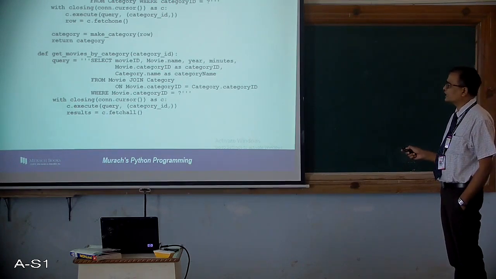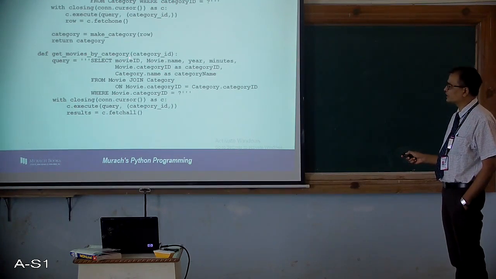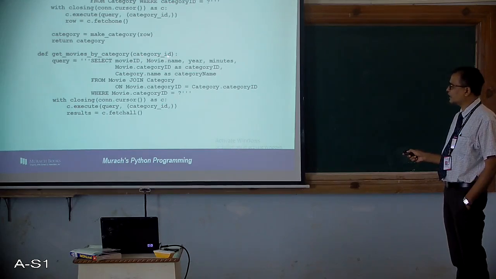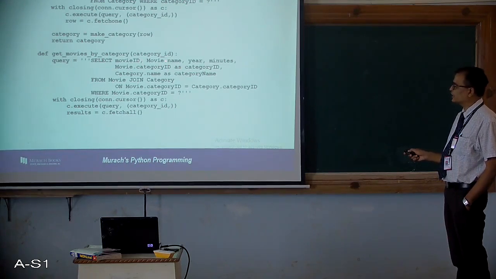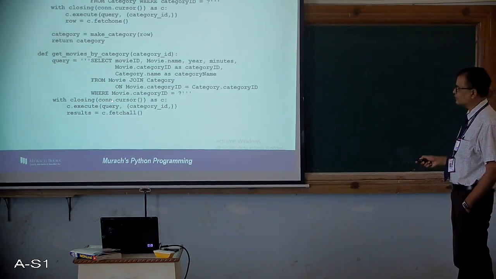So this is get category, this is get movies by category. If you specify the category ID, then you will get the movies. Accordingly you will have to write a select statement: select movie ID, movie name, year, minutes, then movie category as category ID and all that. You should be able to write your own select statement and then you need to execute the command.